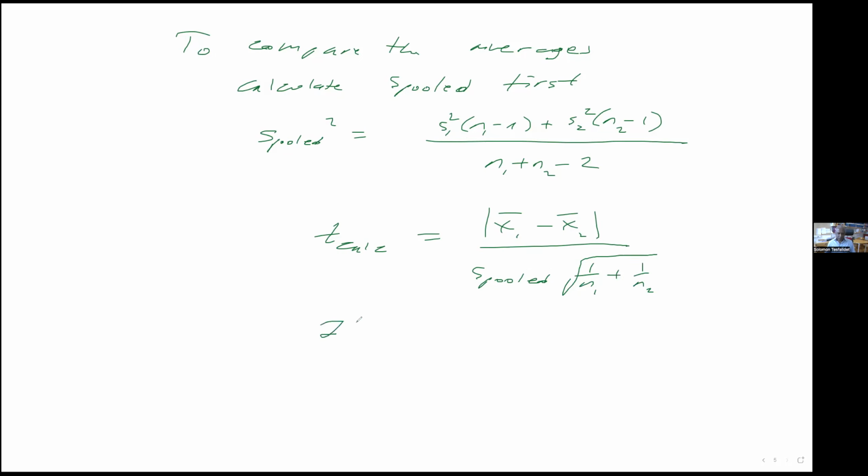So if t calc is now less than t critical, which you get from a table, then there is no difference between the methods.